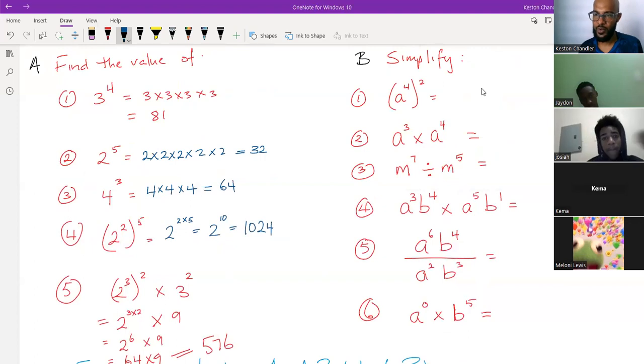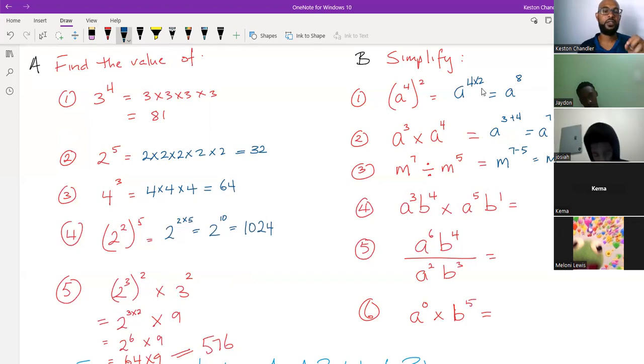Again, this is our power of our power, so we're doing 4 multiplied by 2. That's going to give us 8 to the power of 8. Here we add the powers: 3 plus 4 is 7, 7 minus 5 is 2.